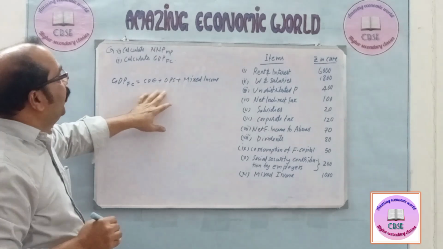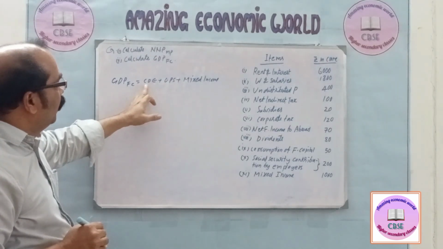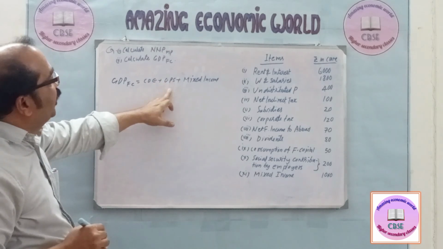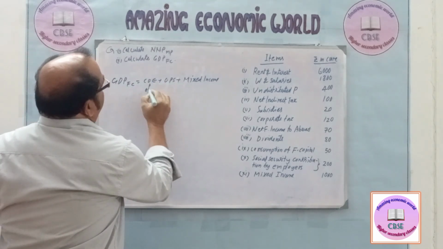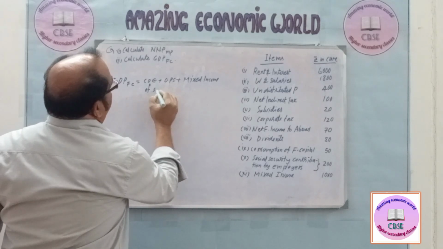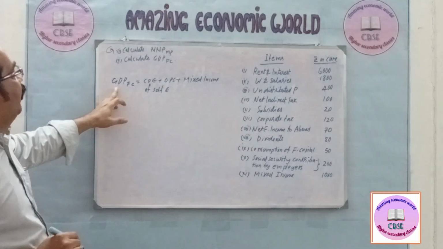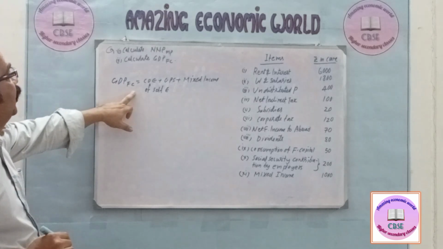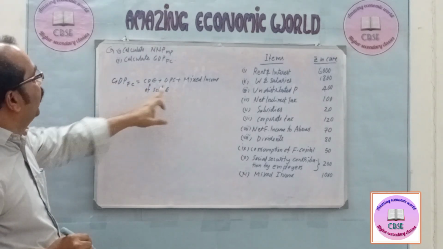If you add all these items, you will get NDP FC. That's all: compensation of employees, operating surplus, mixed income of self-employed. But actually we have to find the GDP FC. So what do we have to add to NDP FC to get GDP FC?